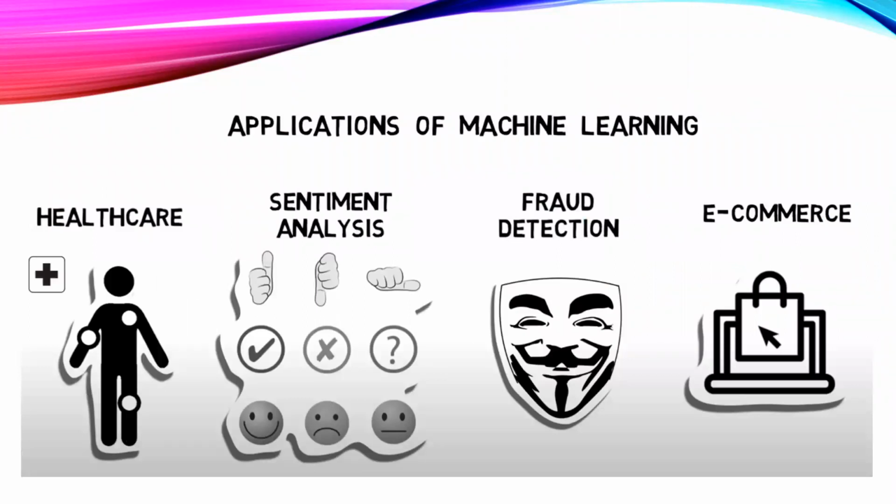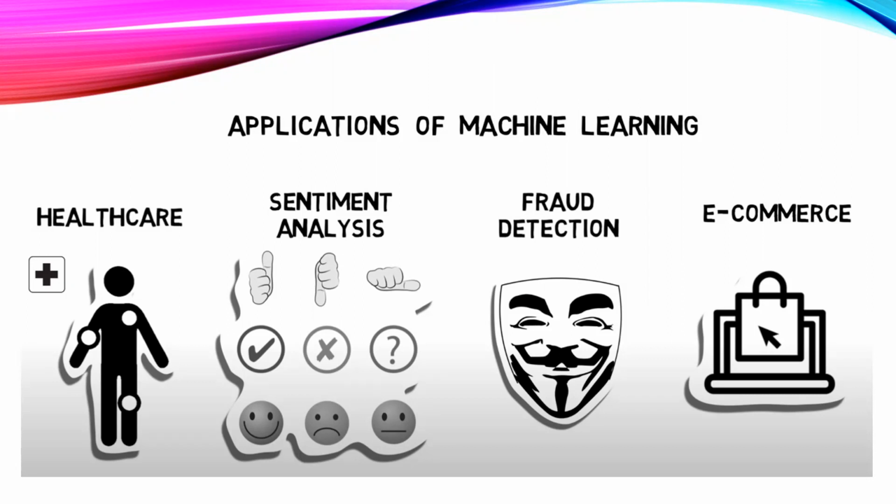So the applications of machine learning are in many different sectors. Healthcare, then sentiment analysis. If a movie is out, this can predict whether this movie is going to be in the box office for the next one month or one week. And then fraud detection. If somebody is committing cyber crime, you can detect it, because as soon as you detect it, you have to stop that, right?